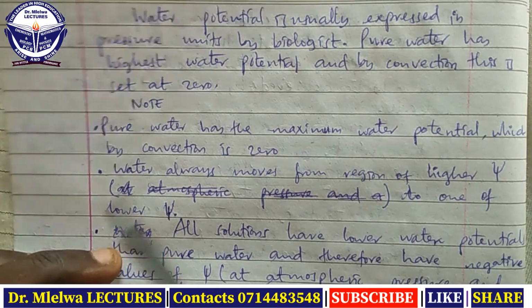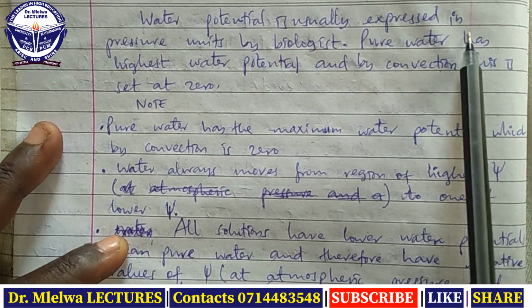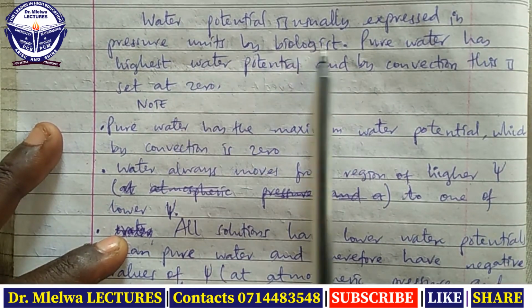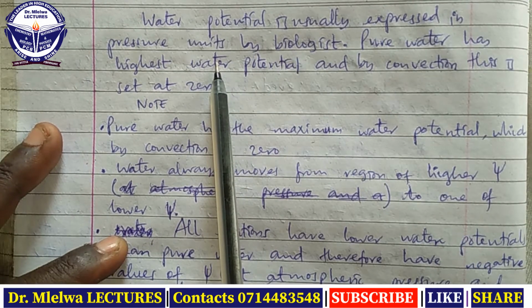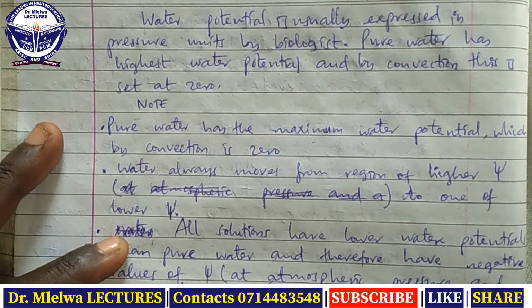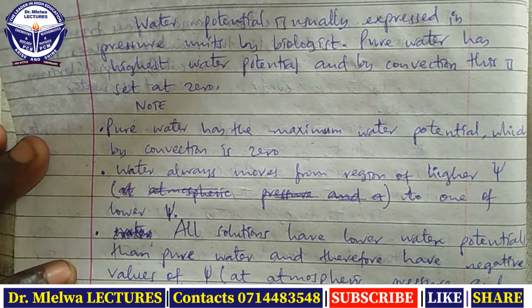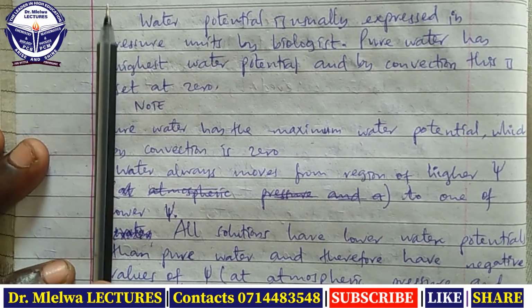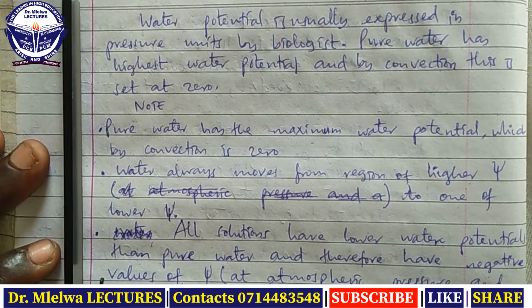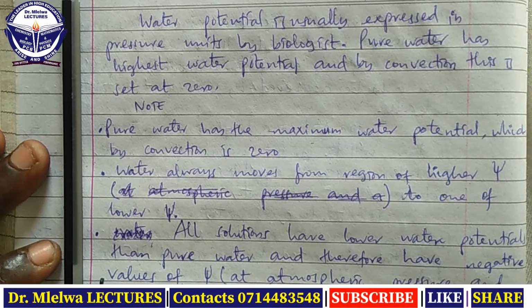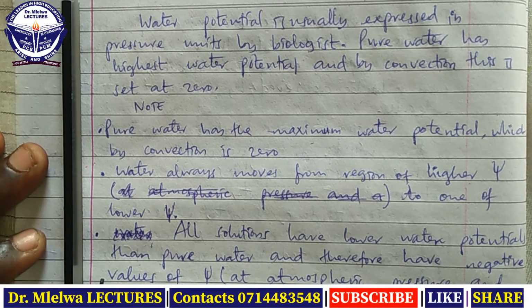Now, water potential is usually expressed in pressure units by biologists. Even though it represents the extent to which water will move from one side of the solution to another, its expression is in pressure units.